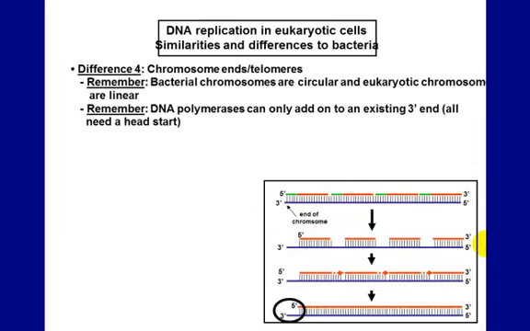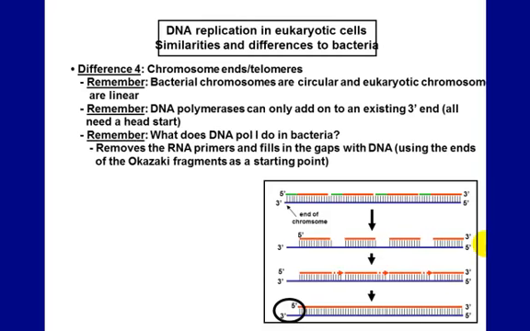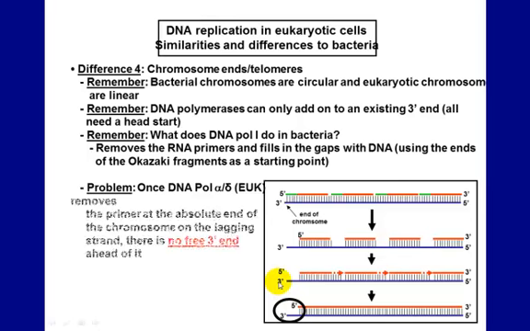Now, another big difference between eukaryotes and prokaryotes. Prokaryote, circular DNA. Eukaryote, linear DNA. You have the ends, you have the telomeres. Now, there is a problem that happens here at the end of the DNA. Especially at the end of the lagging strand, you have a problem that, remember, polymerase has to add to a free 3' OH group.